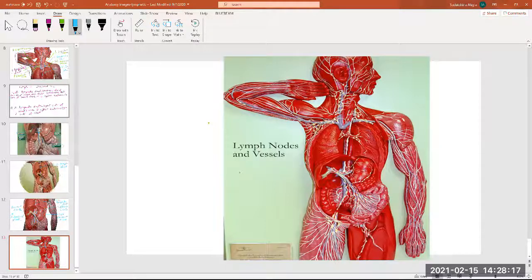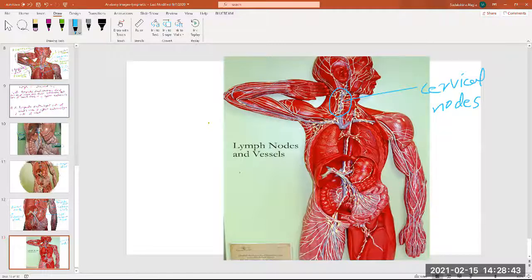But there are clusters of nodes present in strategic areas. Okay. Those are given names. For example, this is in the cervical area. So we refer to them as cervical node. They are named according to where they are located, area of the body they are located within.